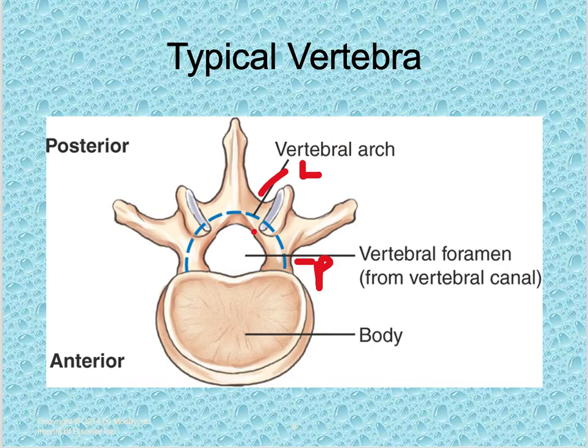Typical vertebrae are going to have a vertebral foramen. So the vertebral foramen is for the vertebral canal, the spinal column. So we also call it the spinal canal. And our spinal cord descends down through there and is protected by that vertebral canal. Okay, so the body is anterior, spinous process is posterior.